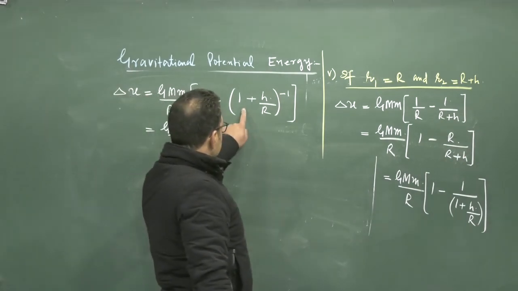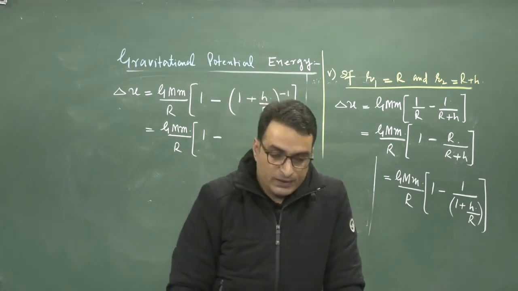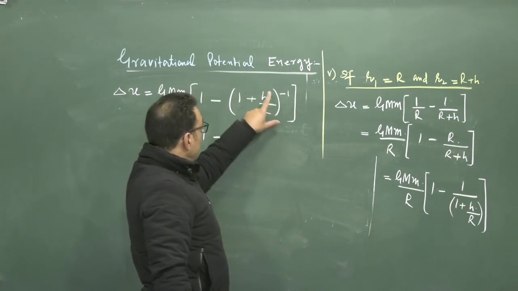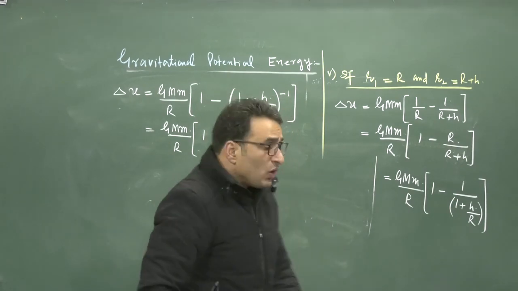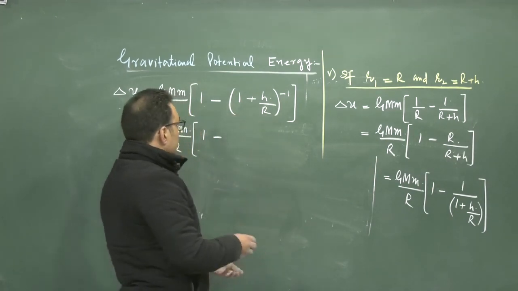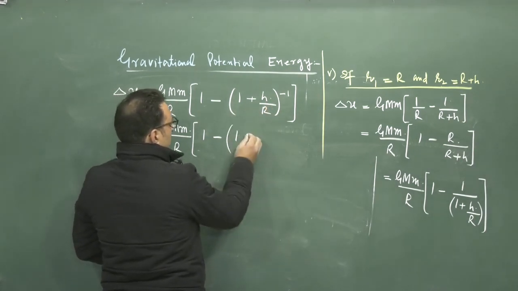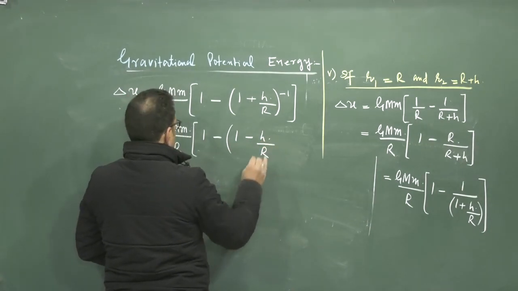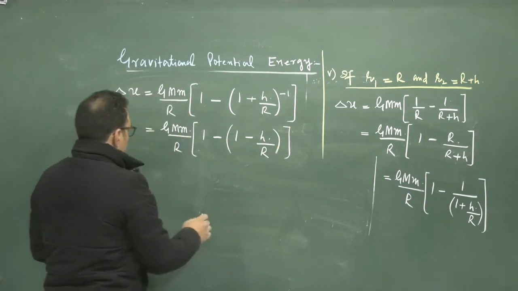Now let me expand 1 plus H by R whole raised to power minus 1 by using the binomial expansion. And since R is far greater than H, therefore H by R is far less than 1. Therefore, only the first two terms of this expansion will be significant. Therefore, we can write 1, then minus, this is the binomial expansion, this is 1 minus H by R. Now other terms can be neglected.